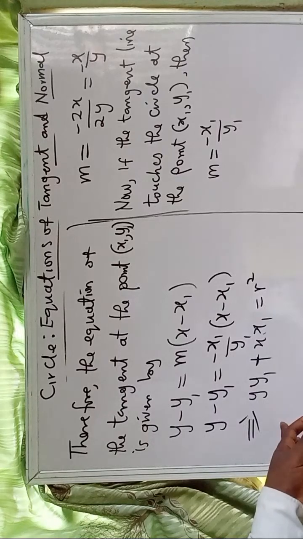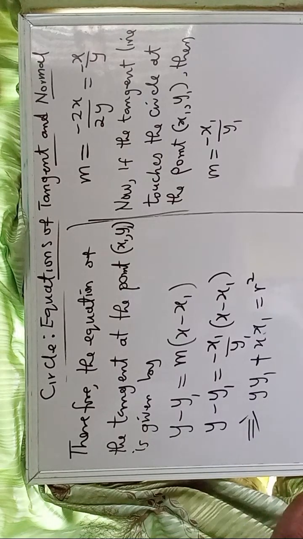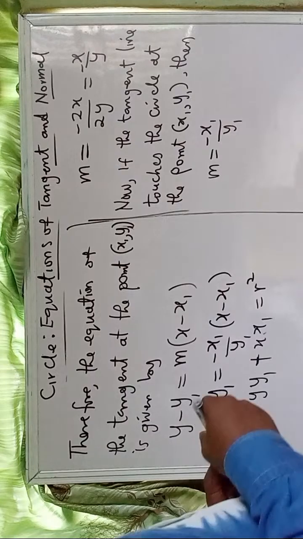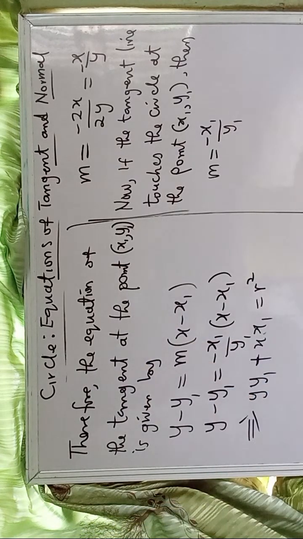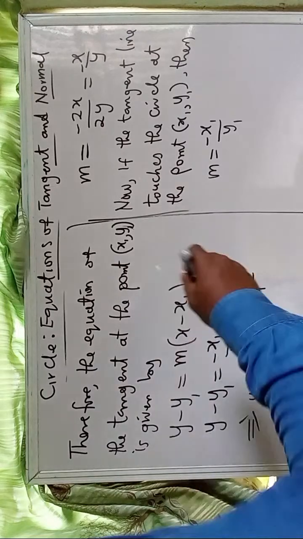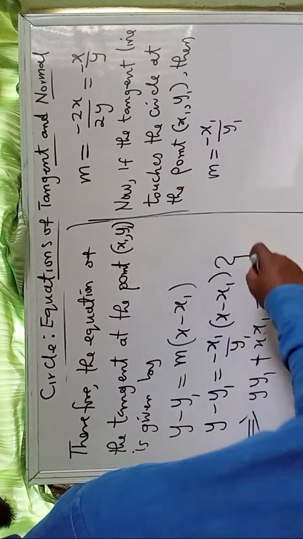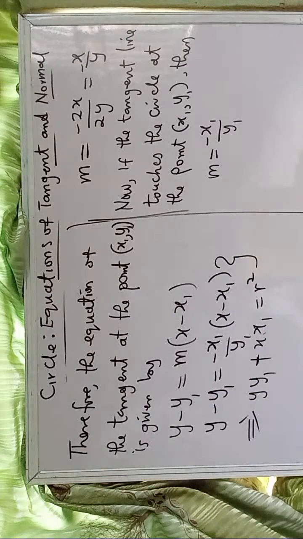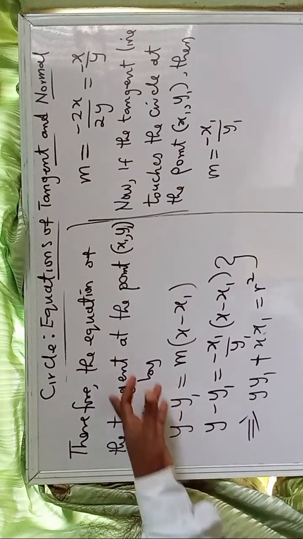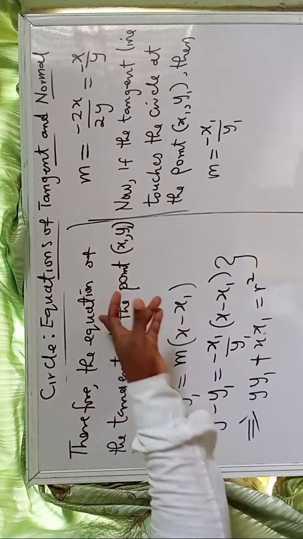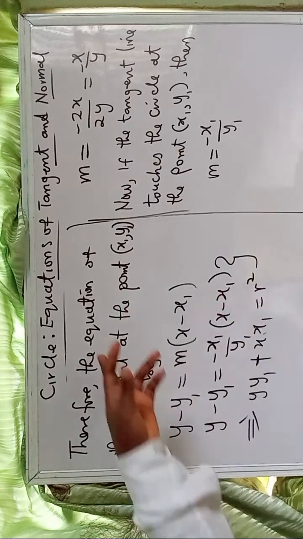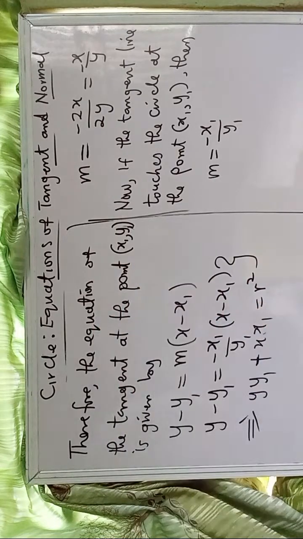So we can now make a conclusion from here that this equation, either this or this, is the equation of the tangent line at the point x1, y1.